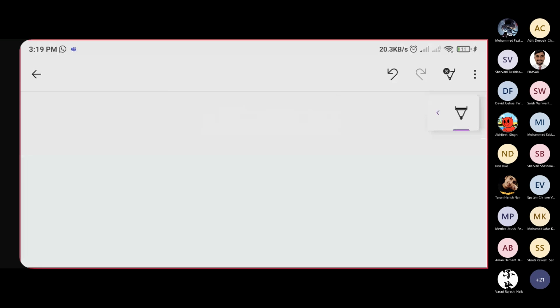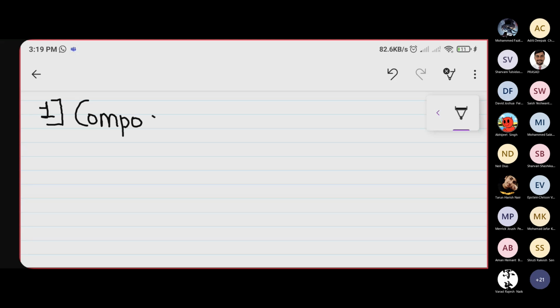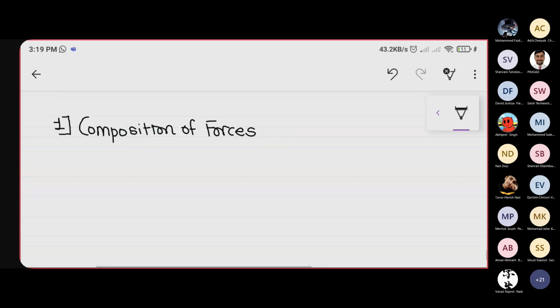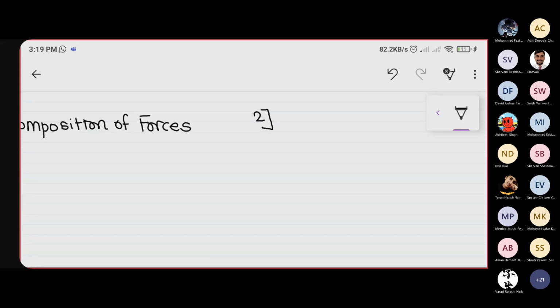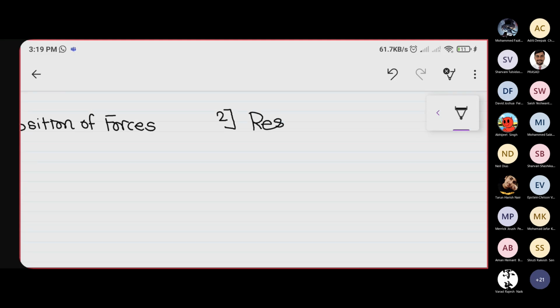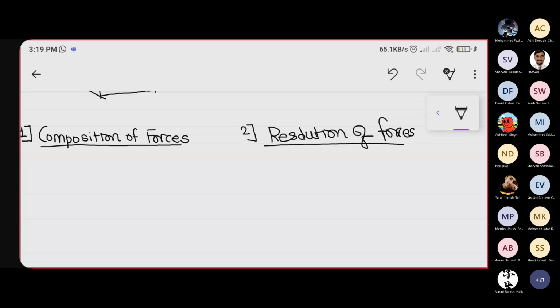The first one is composition of forces, and the second is resolution of forces. The whole of engineering mechanics, or the first two modules, is based on composition and resolution.